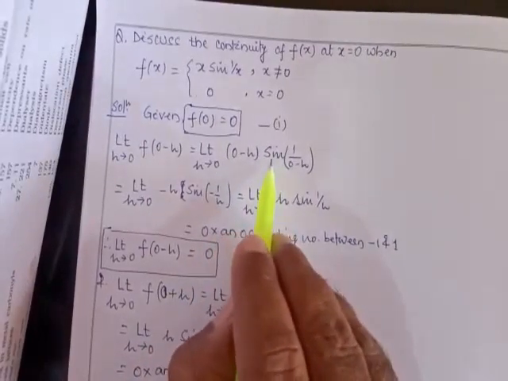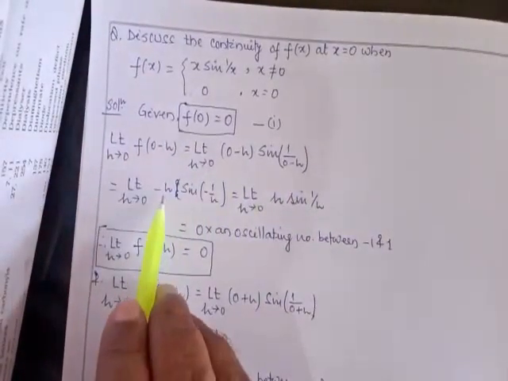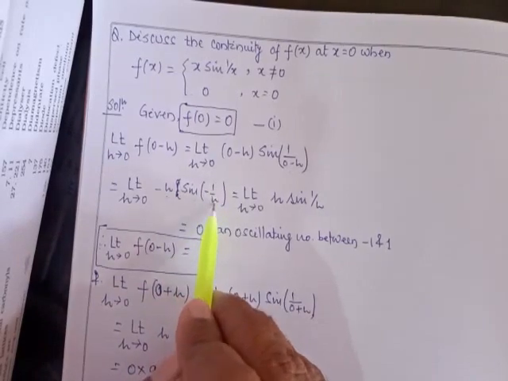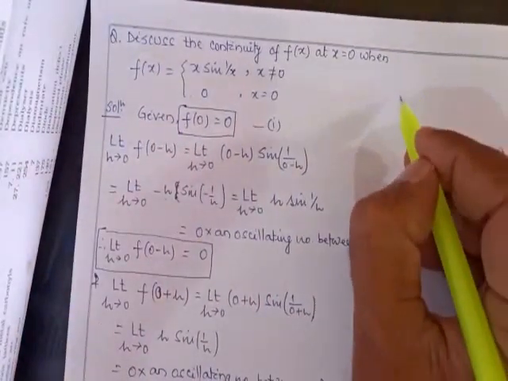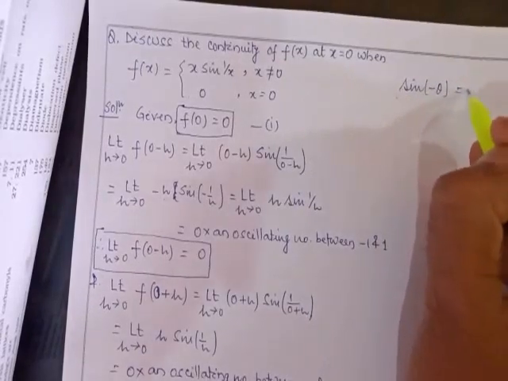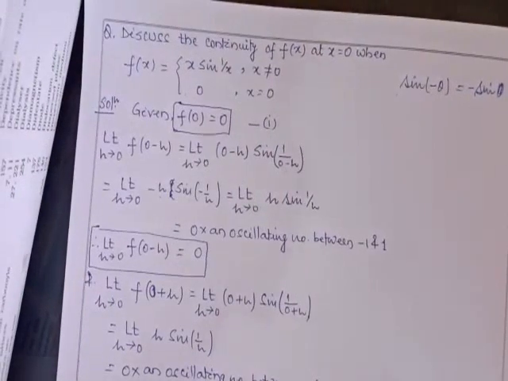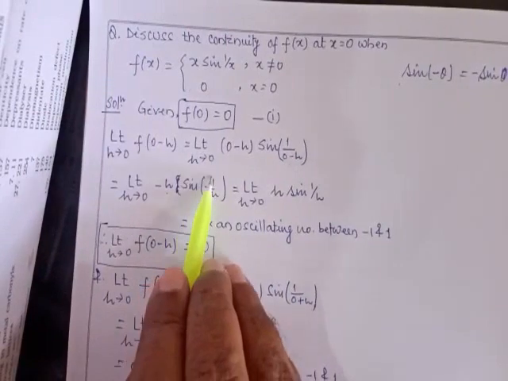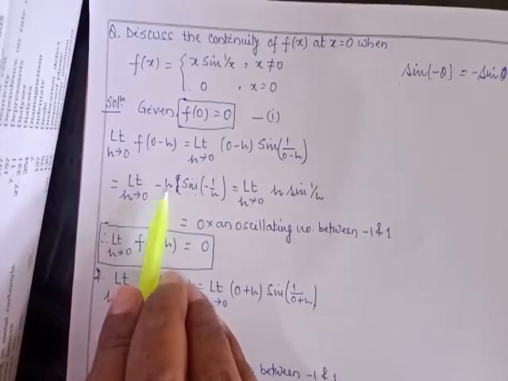It is minus h into sine of minus 1 upon h, because 0 minus h should be minus h. And you know the formula, sine minus theta will be minus sine theta. So this becomes minus sine 1 by h. Already minus is here, so minus and minus make plus, h sine 1 by h.